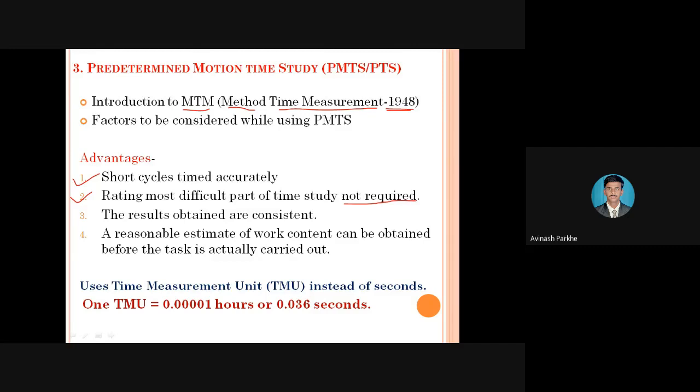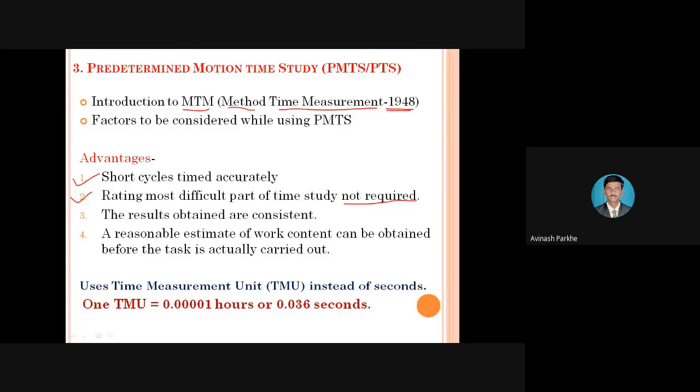A rough value is given, that is, I have to complete that job within 2 hours only. If the same job is completed in 1 hour and 30 minutes, we can give a good rating. But sometimes the same job takes 2 hours and 30 minutes. That means an extra 30 minutes are taken by that same job, so at that time we have to reduce the rating of that particular part.